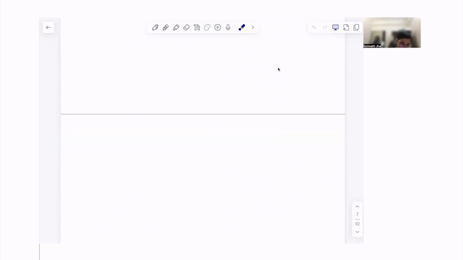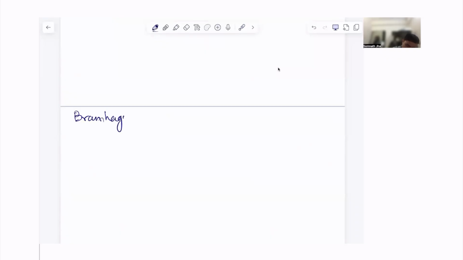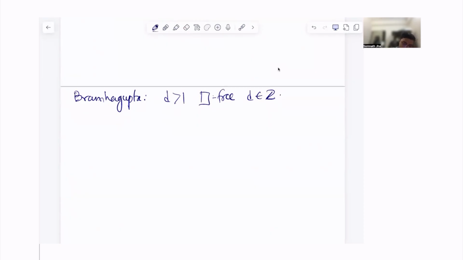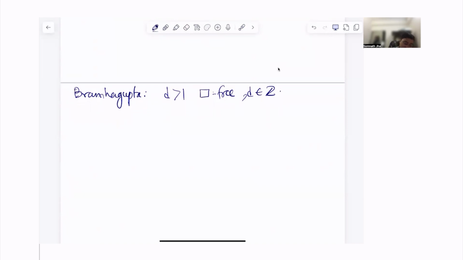So what was Brahmagupta's idea? Suppose again you take d greater than 1, square free, d in Z, and you have x square minus d y square equal to 1.